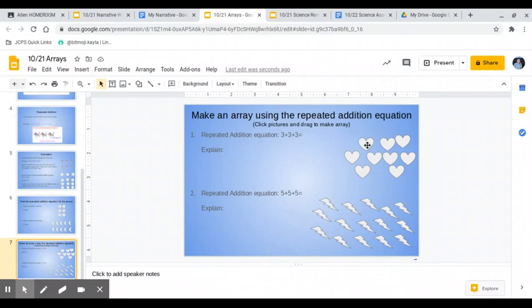So you're going to click your picture and then drag it, and you're going to make your array. So for this one, you do 3 plus 3 plus 3. For this one, you do 5 plus 5 plus 5. So that is just some examples for math and what you're going to be doing today.